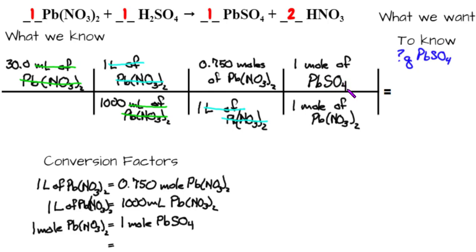So now I've turned the components into different ones. So I can cross out moles of Pb(NO3)2 with moles of Pb(NO3)2. Now I'm in moles of PbSO4.